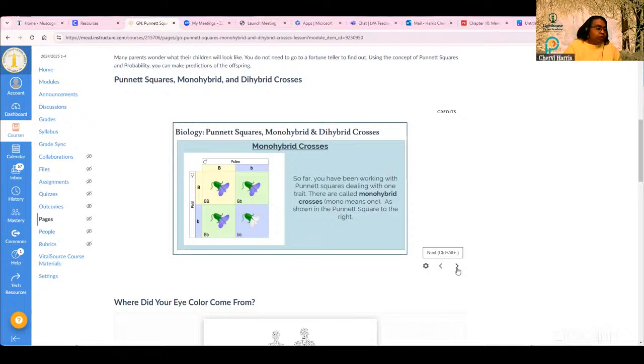Now, when you do these activities, they will always tell you which one is dominant, and they might even tell you which letter to use. So in this case, they are using a capital B for the dominant trait of purple, and they're using the small b for the recessive trait of white. But bottom line is capital is always dominant, lowercase is always recessive.